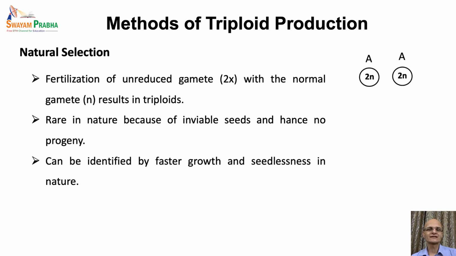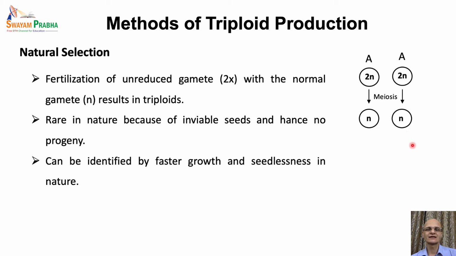So here is a megaspore or microspore mother cell of a species which has two sets of chromosomes, that is diploid. Now these will undergo meiosis that will result in the formation of male gamete and female gamete, that is pollen and egg respectively.